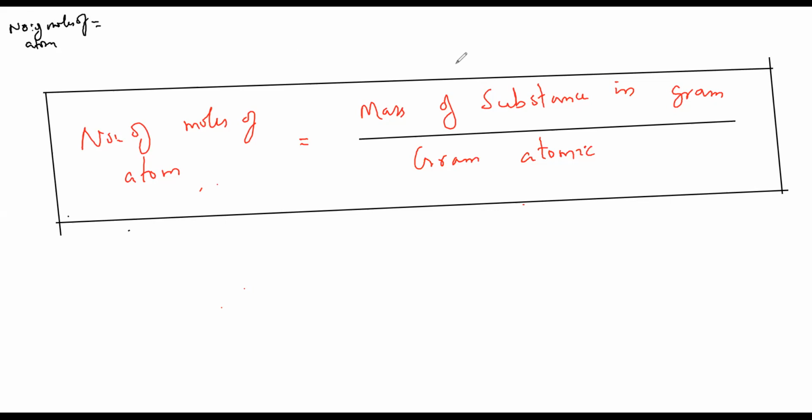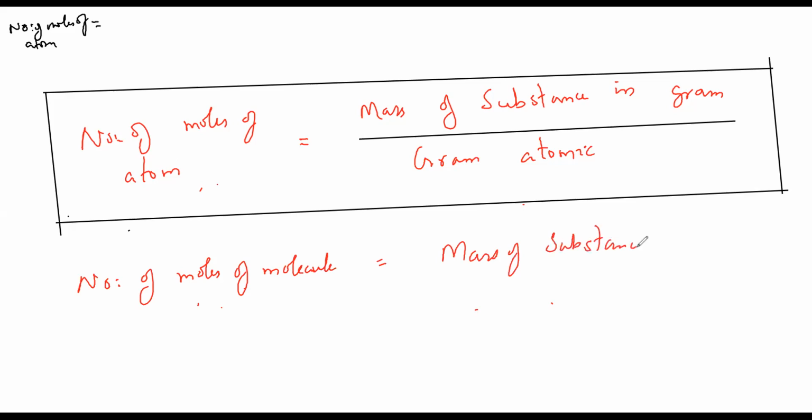Second thing, this is the number of moles of molecules. Number of moles of atom, and next is the number of moles of molecules. Same thing: mass of substance in gram divided by gram atomic mass.